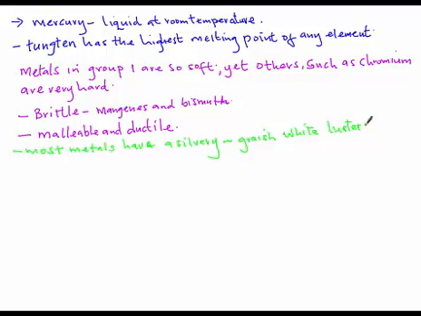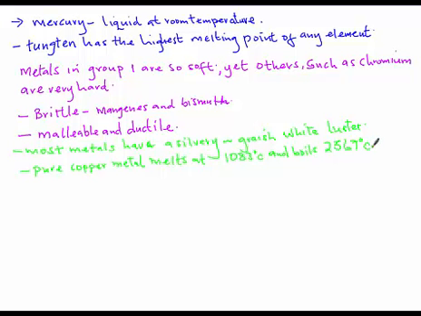It is found naturally in mixtures. Pure copper metal melts at around 1083 degrees Celsius and boils at 2567 degrees Celsius, which means it can hold a great deal of heat.